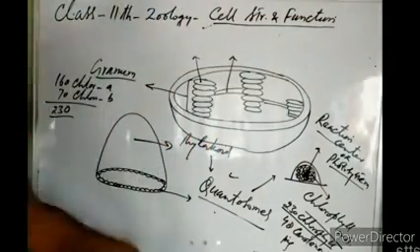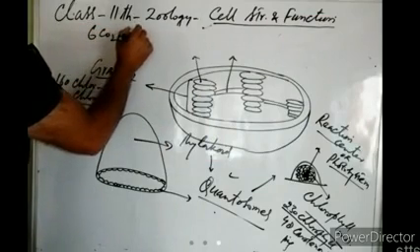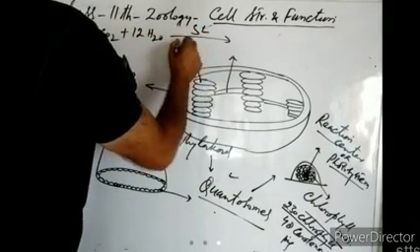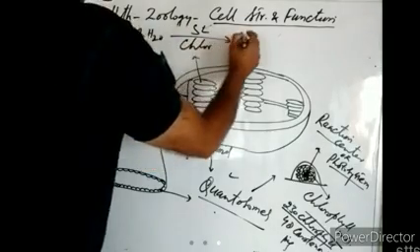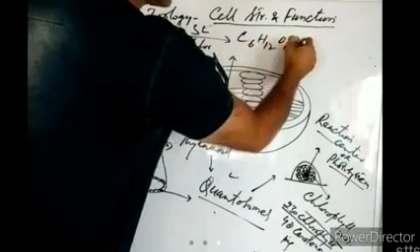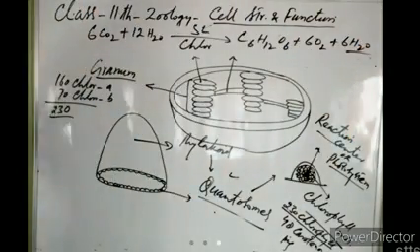In photosynthesis, we say it like this: 6 times carbon dioxide plus 12 times water. They combine in the presence of sunlight and chlorophyll, right? And they form C6H12O6 plus 6 times oxygen. Oxygen is evolved as a byproduct, plus 6 times water, right? This is the balanced reaction of photosynthesis, right?